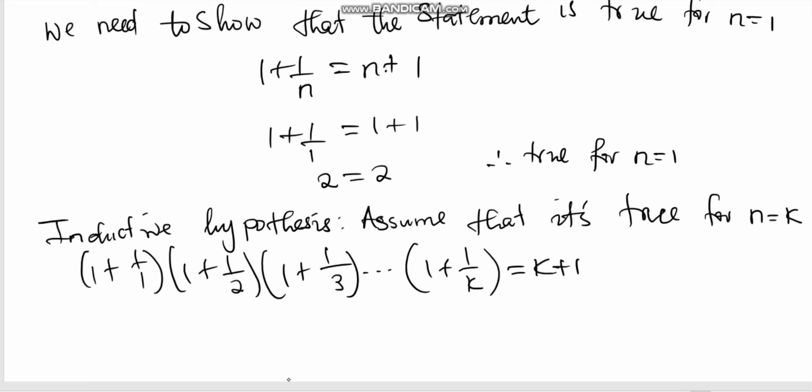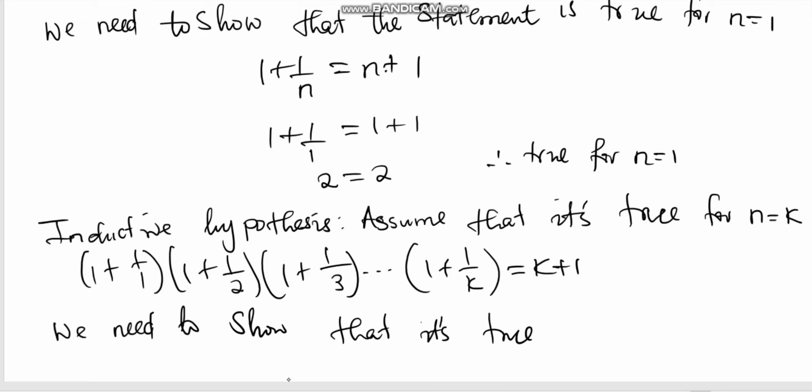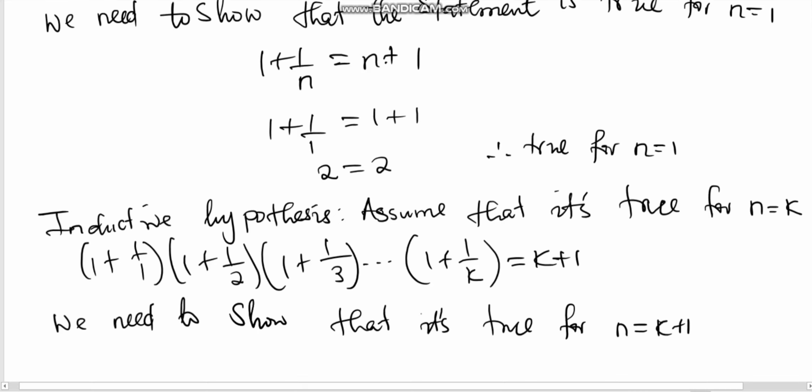So then we need to make another claim now that it's also true for n equals to k plus 1, which is a statement that we're going to use to back the inductive hypothesis here. So we need to show that it's also true for n equal to k plus 1. Let me just scroll down a bit.